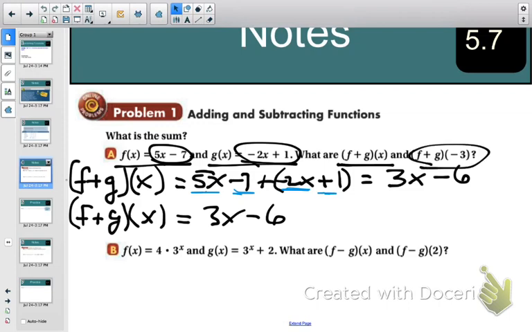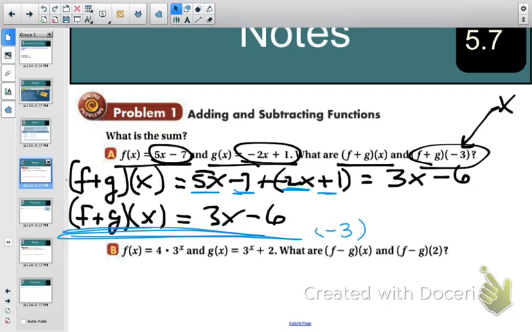So what that means is you're plugging in negative 3 as your x value. So now I go from this equation here that we just came up with, and I plug negative 3 in for x. So negative 3 goes in for this guy right here.